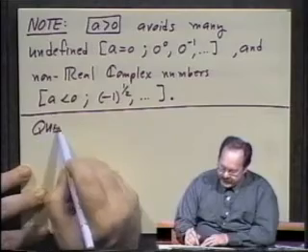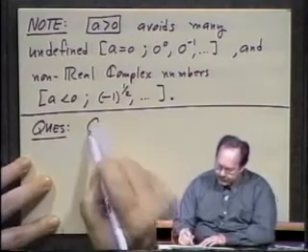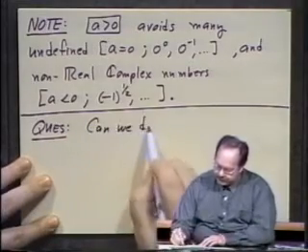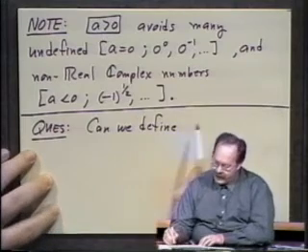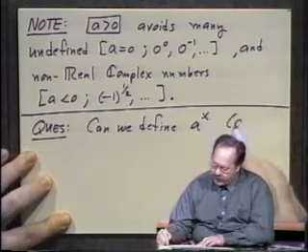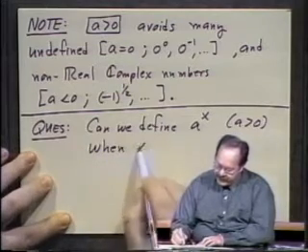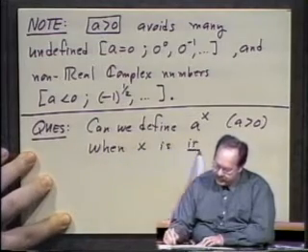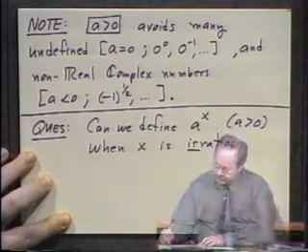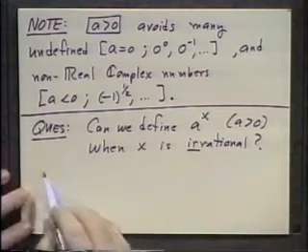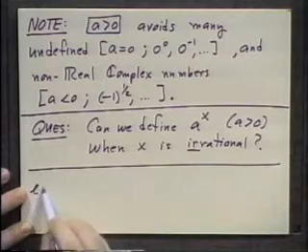Now, the next question I asked was, and this is a good question, can we define a to the x, where of course we're taking a to be greater than 0, in the case when x is irrational? Can that be defined? For example, what am I asking about?